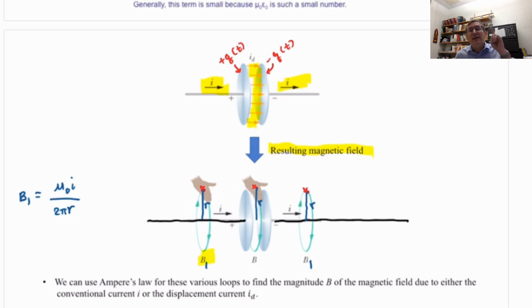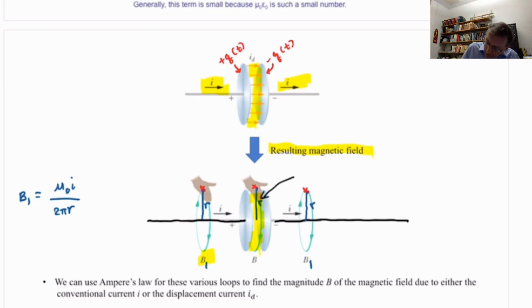But what's it due to? It's due to the displacement current that's flowing in the whole region between the plates. But we would still apply an Ampere-Maxwell law calculation to the loop here. See it?